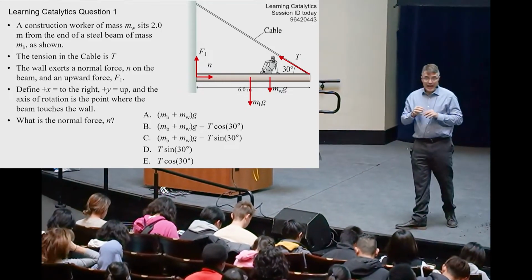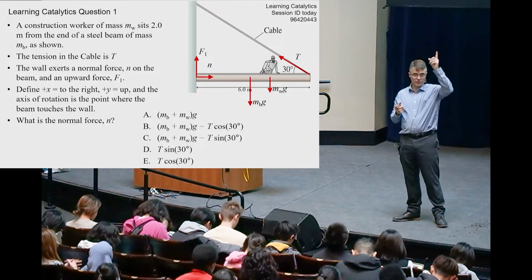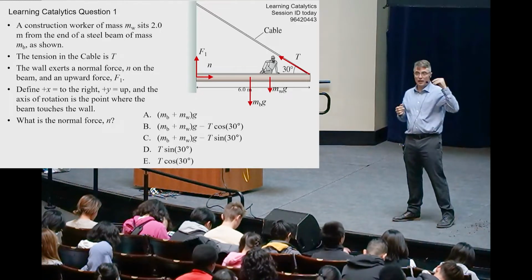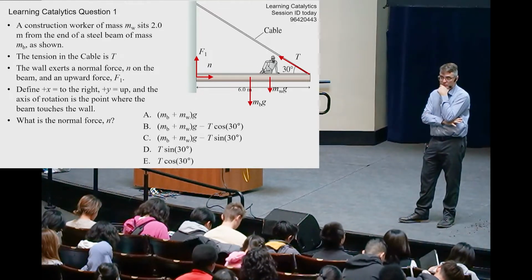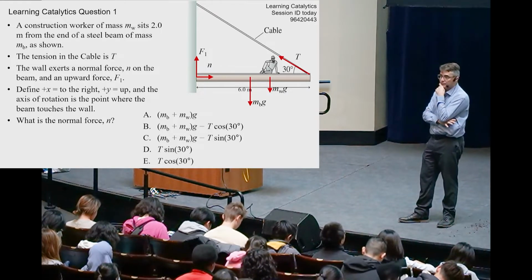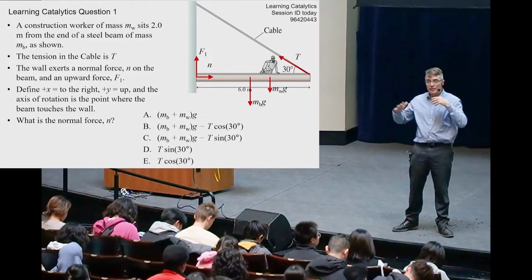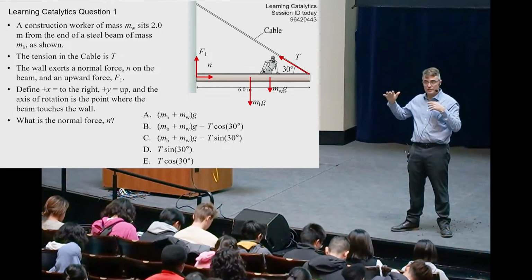It's supported at the wall by some force that's parallel to the wall, and a normal force from the wall. So we split that into 2 components usually. I'm going to call it F1 and lowercase n.